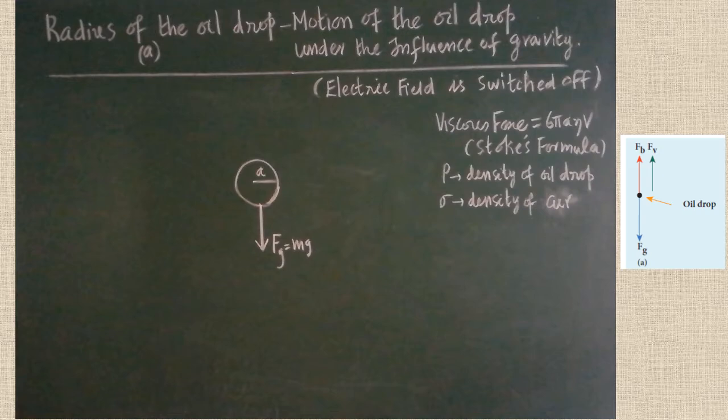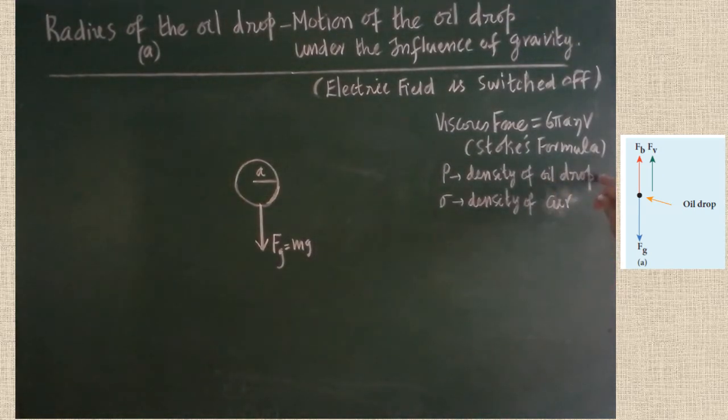Here we have to replace the term m. The density of the oil drop is taken as rho, and the density of the air is taken as sigma. To derive the expression for m, we know very well that the density of the oil drop is equal to the mass of the oil drop divided by the volume of the oil drop.